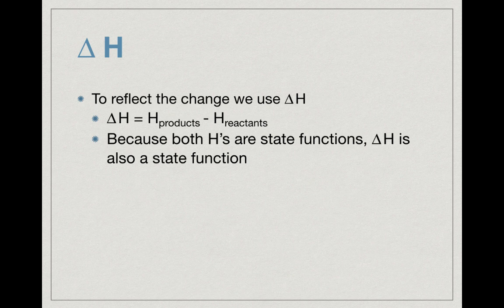And what we eventually end up with, and your book has this derivation, is that delta H is equal to the heat evolved from a reaction under constant pressure. And that little p that you see here as an annotation there, this actually means constant pressure. If it were under constant volume, then we would have Q with the little v there.